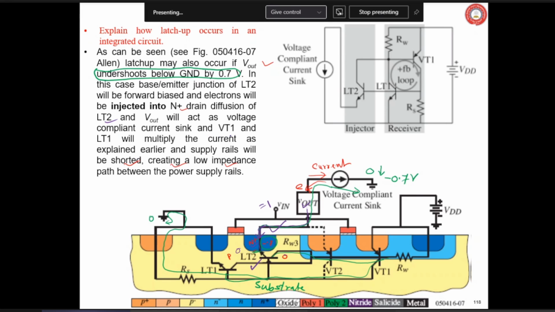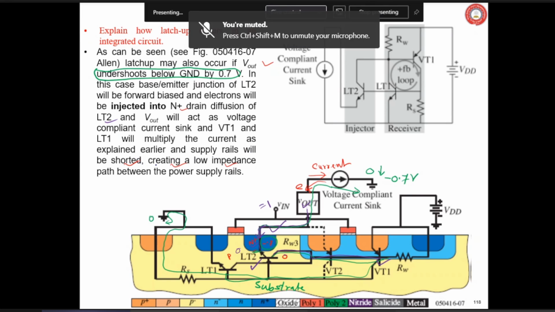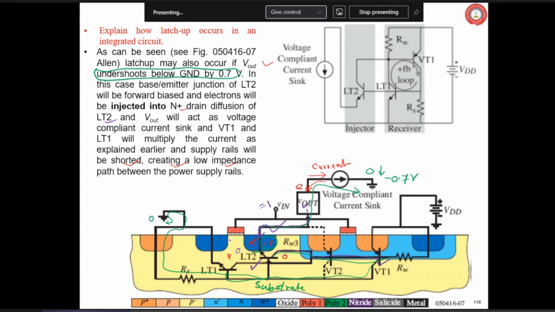And VT1, this one, is the collector current, and VT1 and LT1 will multiply the current as explained earlier, and the supply rails will be shorted, creating a low impedance path between power supply and ground.